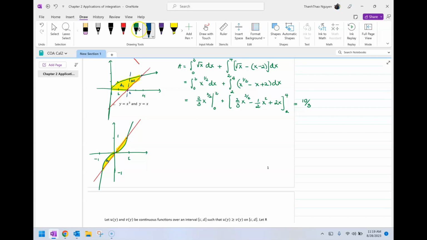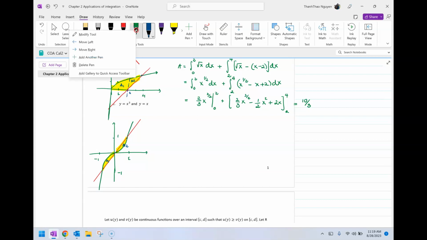Then we have the second part, A2, where the line y equals x is on top, on the interval from 0 to 1. The area bounded by the curve y equals x to the 3rd and y equals x is calculated by adding up the area in part 1 and the area in part 2.